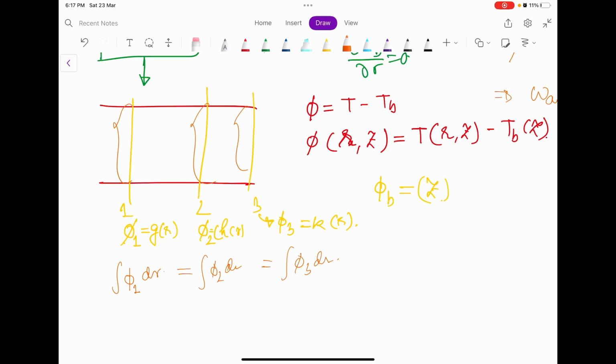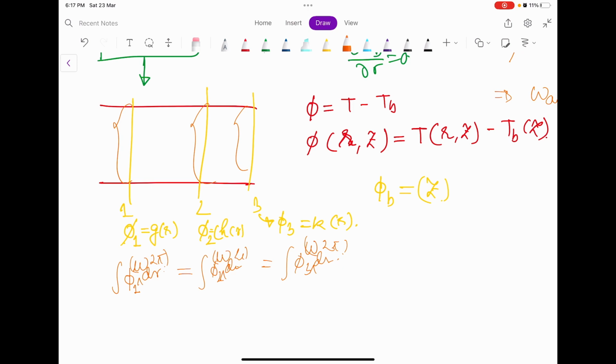That is the integration of phi with respect to r, or maybe any weighted integration like W into 2 pi r, and if it is weighted integration with W and 2 pi r, then it becomes the bulk mean phi, that is averaged over r, averaged over the cross section.